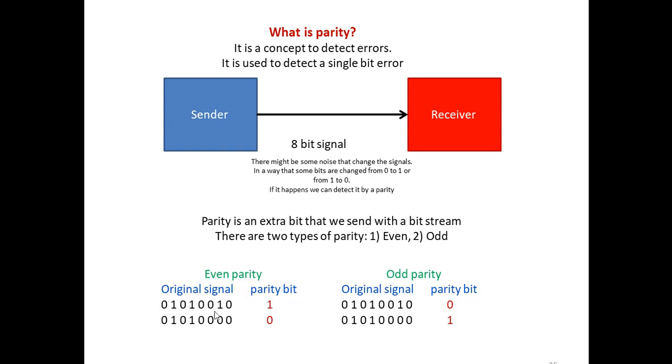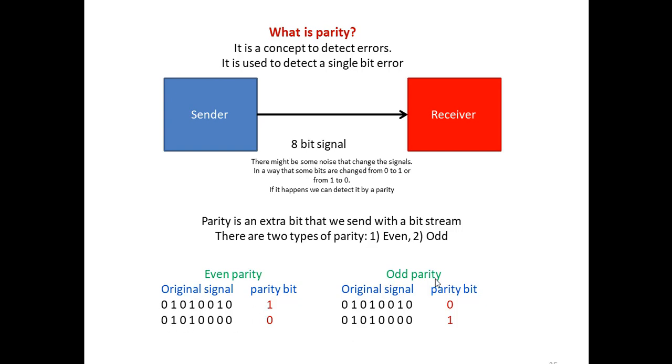This way we are going to have 4 ones, and that means that we are in an even parity type. On the other hand, if we are sending this signal and we have 2 ones, then the parity bit is going to be 0, because we are working with an even type parity. We should eventually have an even number of 1s. That's why we have 1 here and then 0 here.